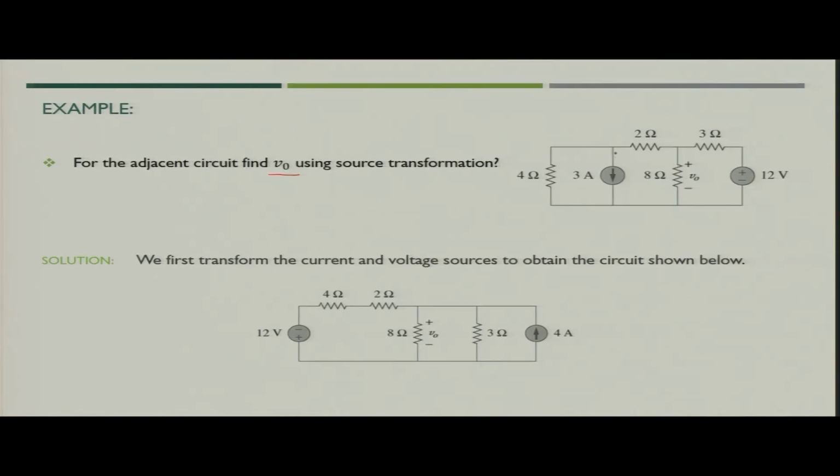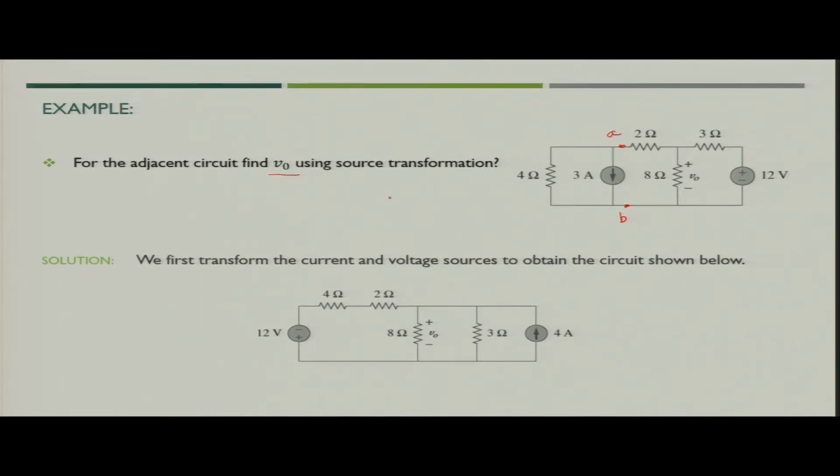Now let's see first this segment, let's say that this is terminal A, terminal B, and on the left side of this terminal is one current source, and in parallel with that there is one resistance. So this is similar to what we discussed previously, that this is the current source in parallel with resistance, which is an ideal candidate to be transformed into a voltage source in series with one resistance.